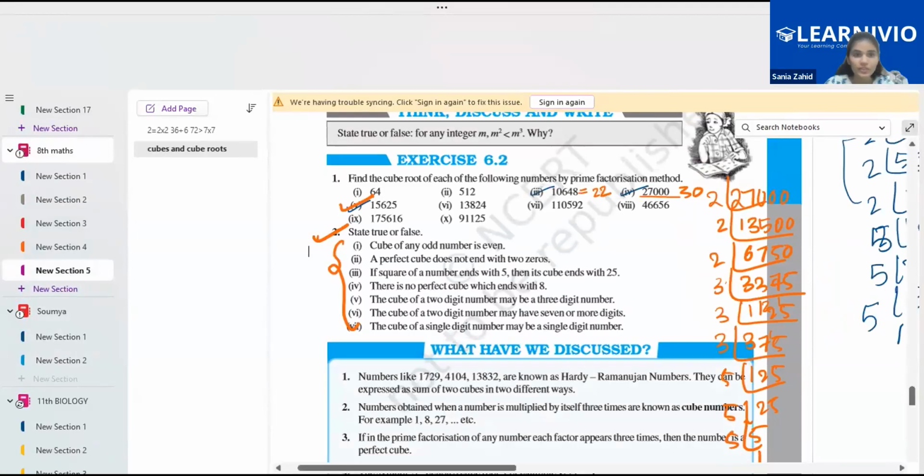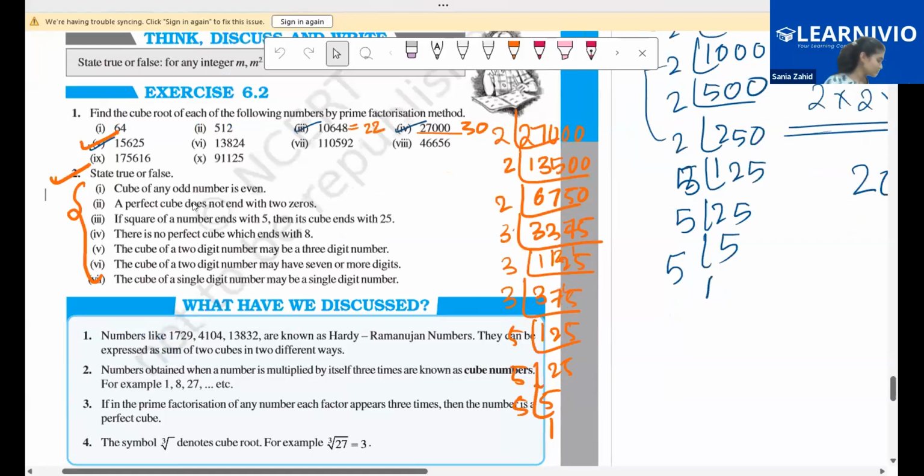Okay, so in cubes and cube roots, we have this question. Which question were we discussing? 91125, right? Yes, ma'am.